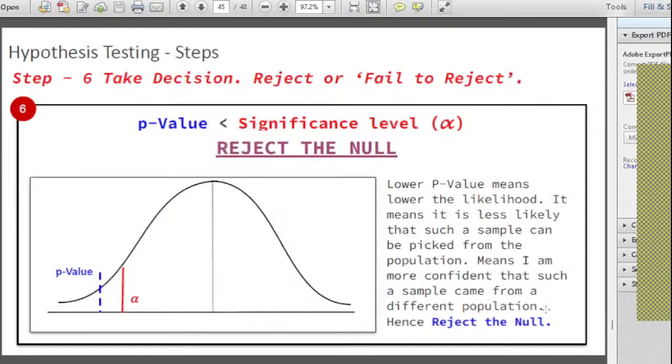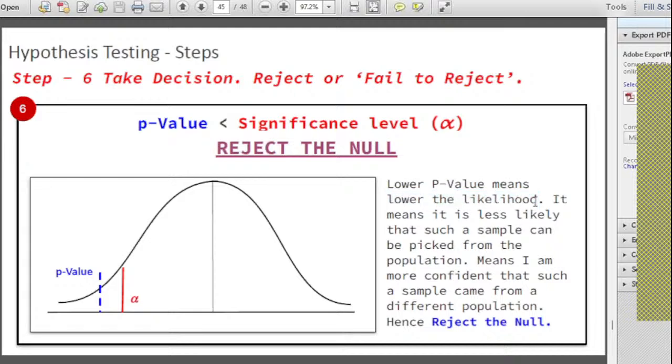So this is actually the same thing, but I have just explained it. When p-value is less than significance level, we reject the null. You can see this in the visualization, right? Now, lower p-value means lower the likelihood of the risk, right?